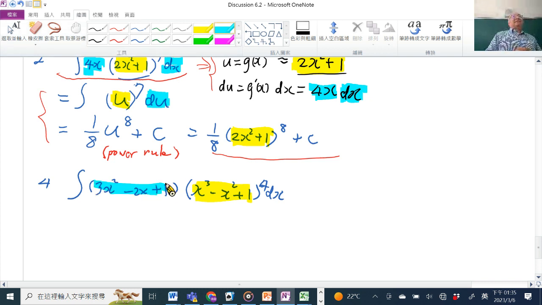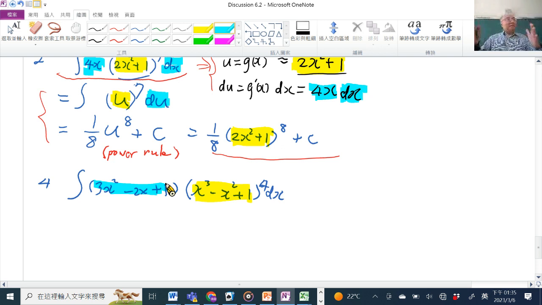In the beginning of this exercise, almost all the questions follow the same thing: inside the parentheses, you take as g of x, and outside the parentheses, what's left should be g prime. But remember, not necessarily all the questions you're asked later will be this type. So before we go to the substitution, you have to check if this is the case.